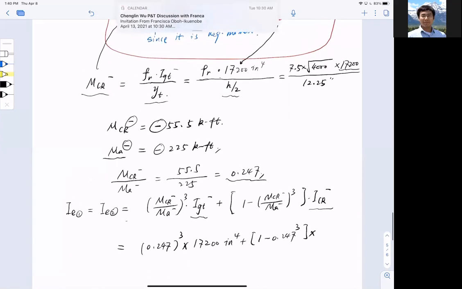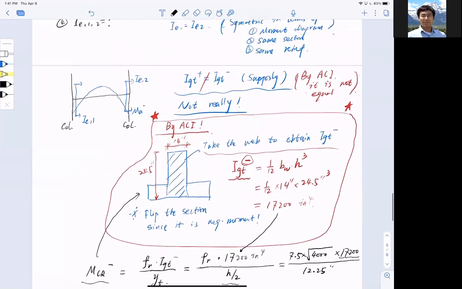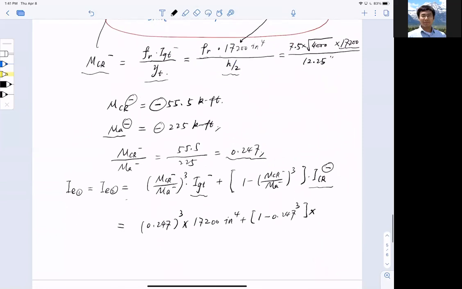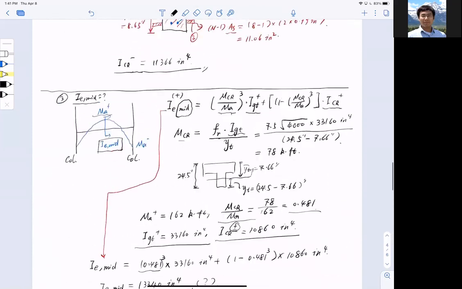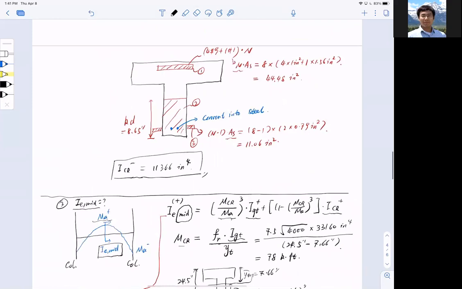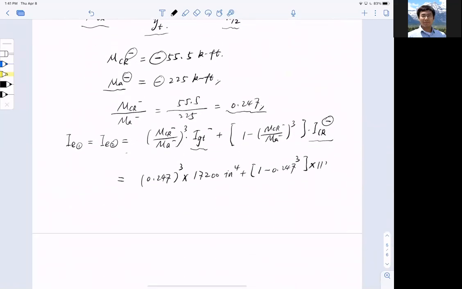ICR negative, where is it at? Let me see. Did I get that number before? I think I got this number before somewhere here. Yes, I have this number before, 11366 inch to the power 4. So I got this final number to be 11450 inch to the power 4.